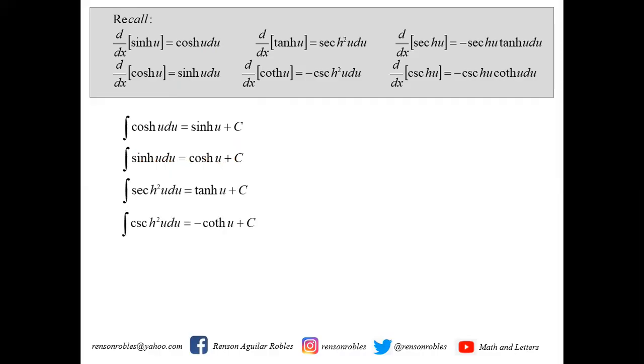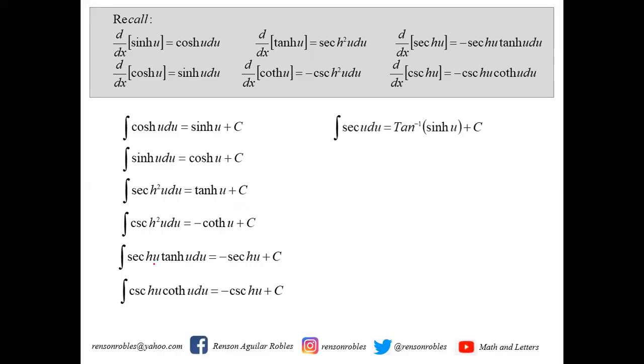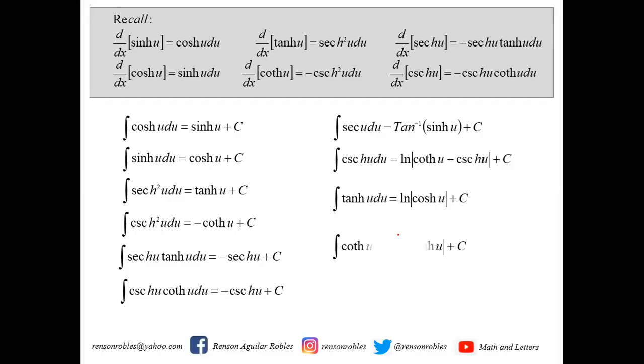From this relationship, we have the integral of sech squared u du equal to tanh u plus c. And the integral of sech u tanh u du is negative sech u plus c. You can see here that the negative sign is received for those integrals leading to reciprocal functions, such as the integral of sech u tanh u being negative sech u, since this is the reciprocal of cosine.